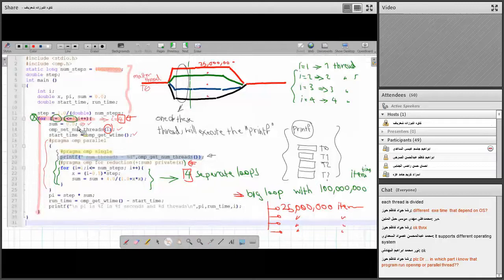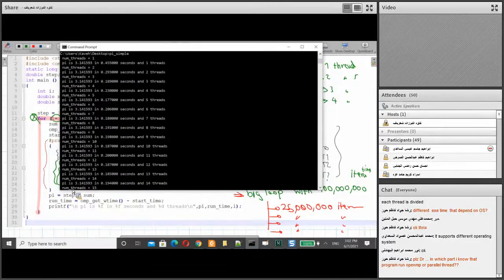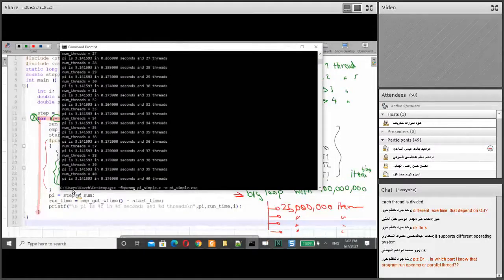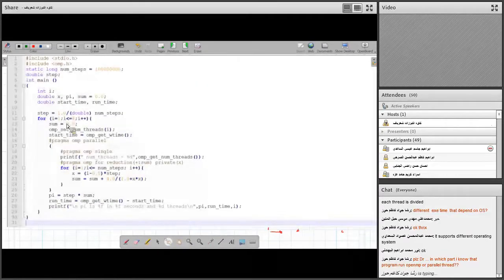This program uses OpenMP due to these directives: pragma omp parallel, pragma omp for reduction, pragma omp single. And due to this switch in the compiler settings, gcc -fopenmp, we compile our source code with this switch. Which part of the code is parallel?